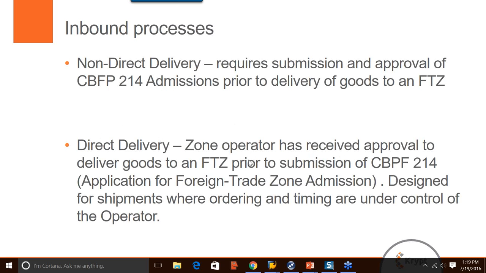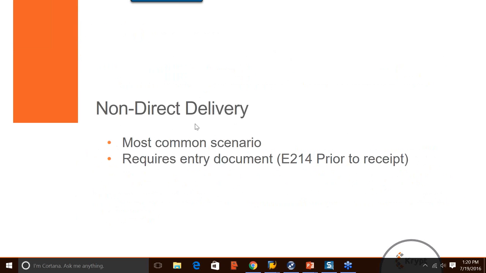And this allows you to simply post an in-transit IT move with customs before you're required to issue this customs form 214. And again, this is designed for shipments where timing is critical and supply chain transit time is critical. It does require additional approval, and customs needs to understand the types of materials that are going to be processed under this. SAP GTS does handle both of these processes, and we'll talk in more detail about each one.